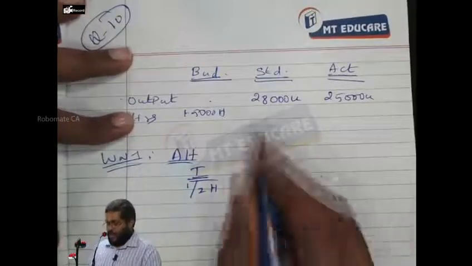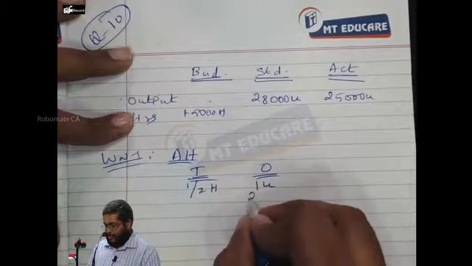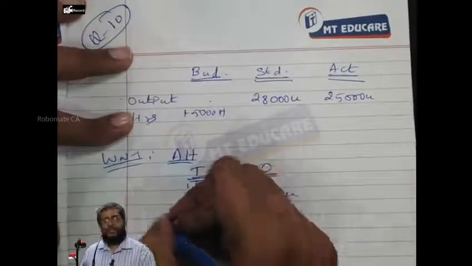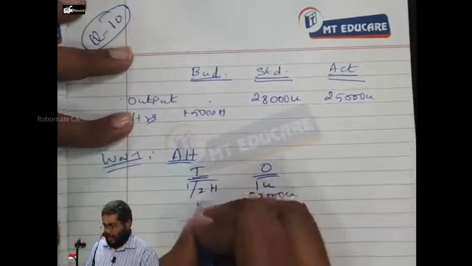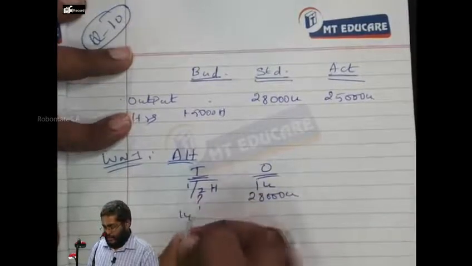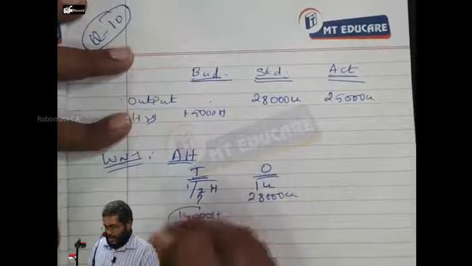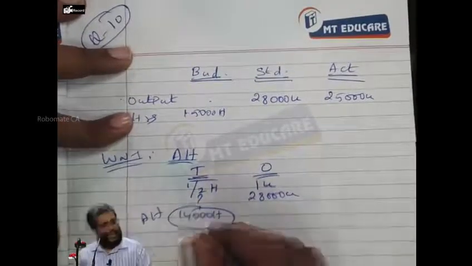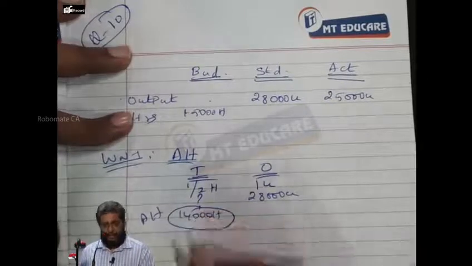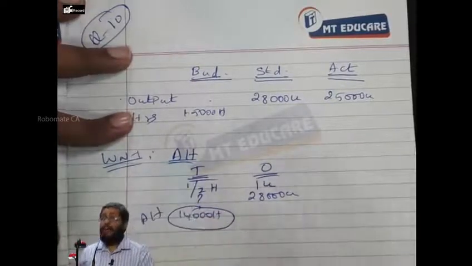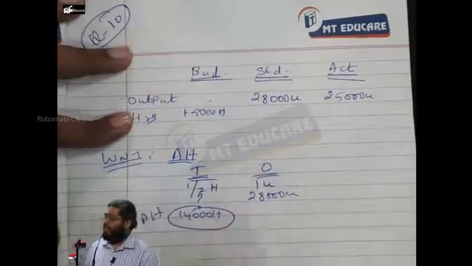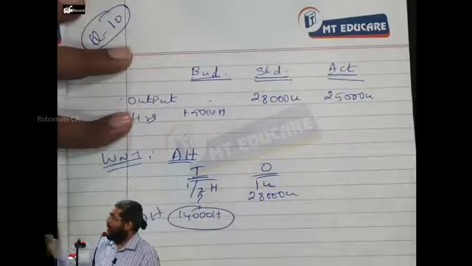Now, standard output is 28,000 units. I work so many hours to produce 28,000. What should be the hours? 14,000 hours. That is, I have worked 14,000 hours, in which I should have produced 28,000 units. So the actual hours are 14,000 hours. Are you following or not?